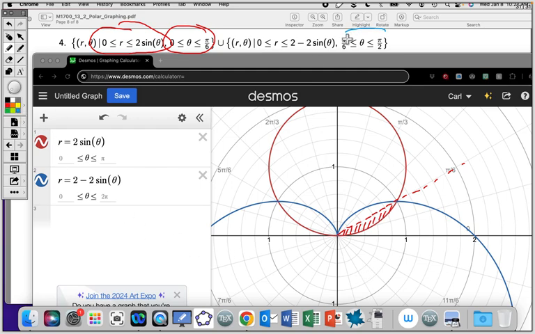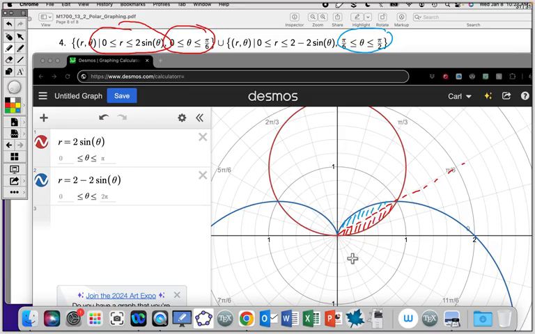And now between pi over 6 and pi over 2, I'm switching over to the blue curve. All right. Now, once again, you can go through and verify that. So here's the pi over 6. That's the intersection point. Pi over 2, if I plug in pi over 2, I get 2 minus 2 sine of pi over 2. That's going to take me back to the origin.